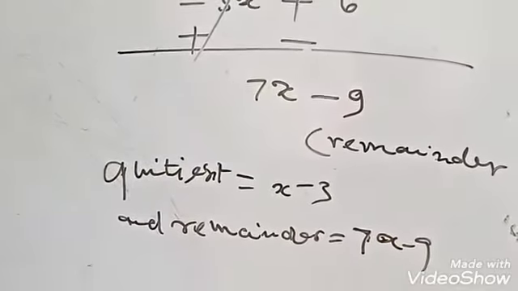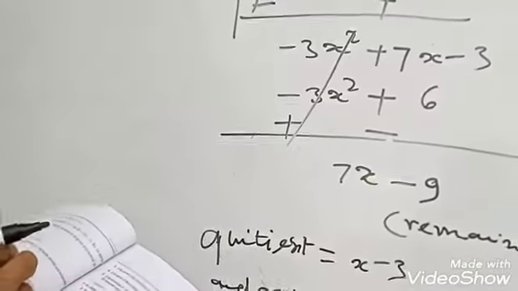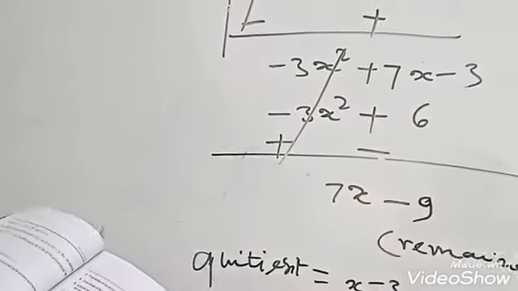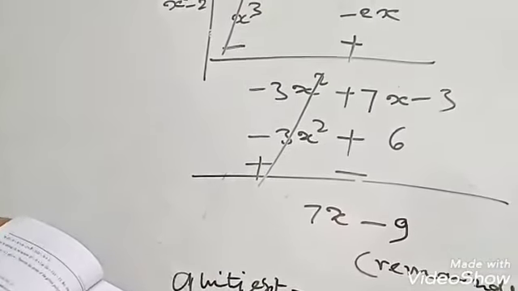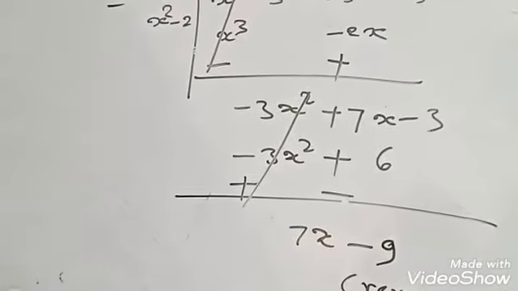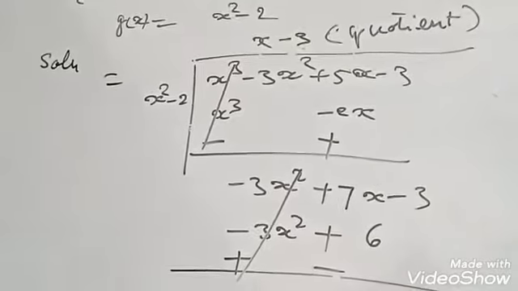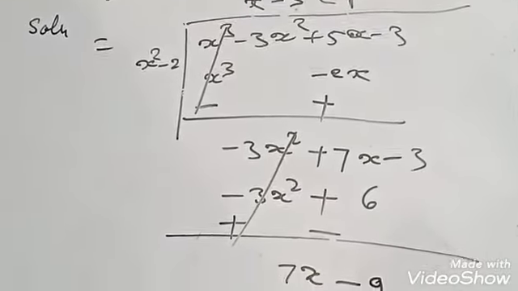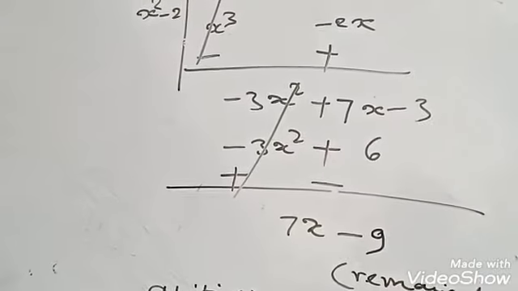This is the answer. You can find the remainder after dividing p(x) by g(x).